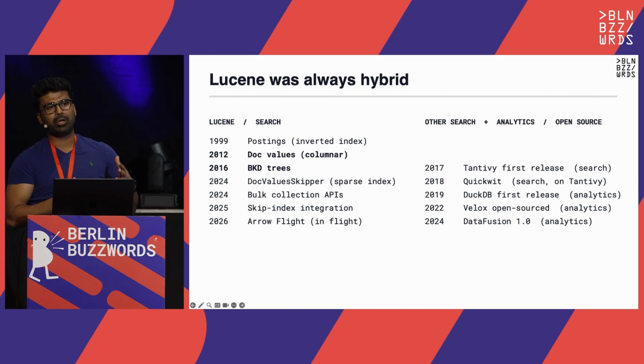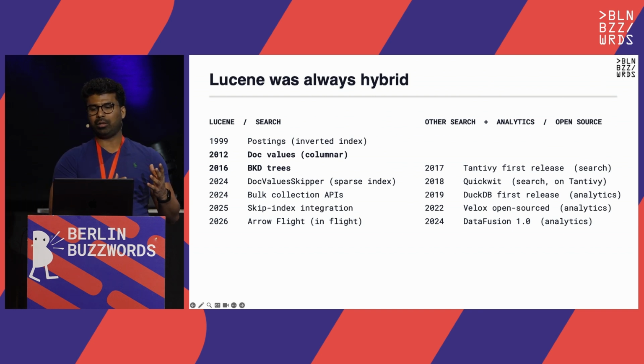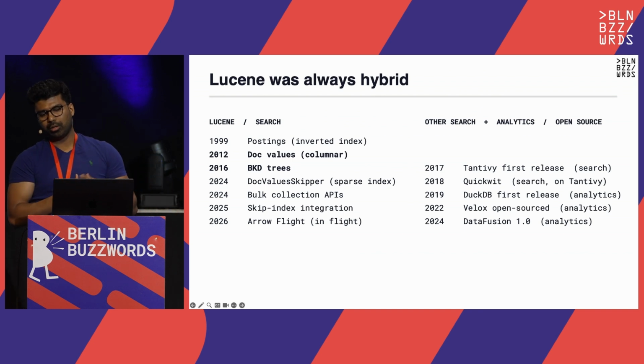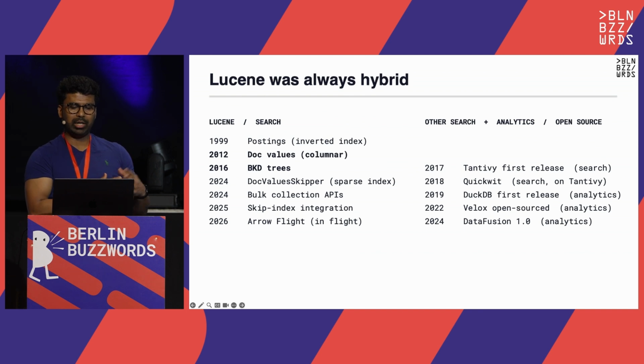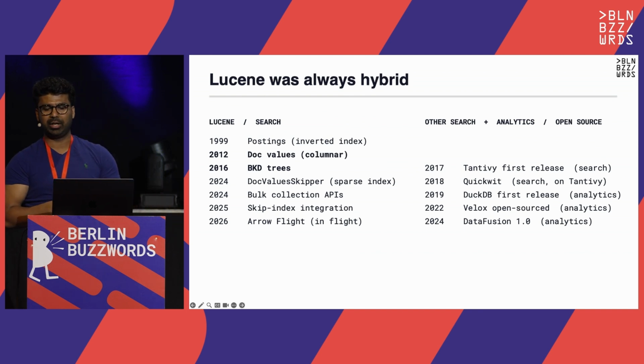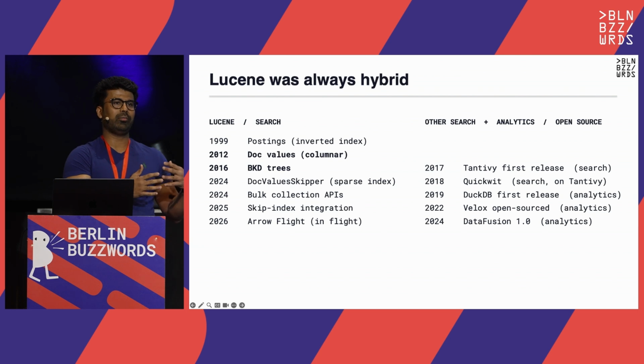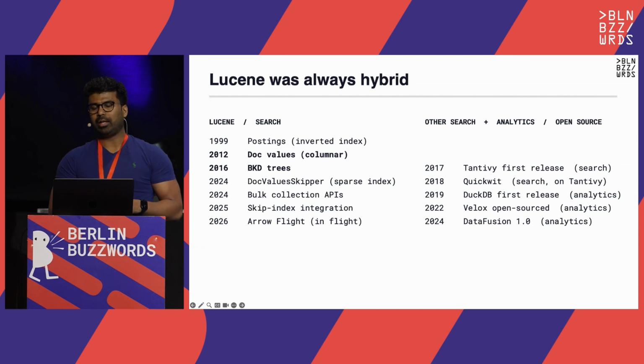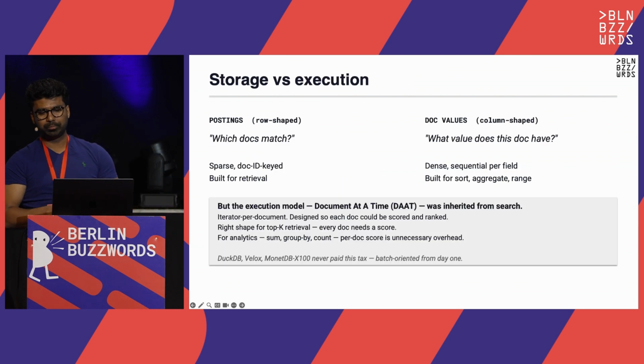While Lucene had columnar storage before most of these analytics engines even existed, in the last 18 months we have introduced support for sparse indices, bulk collection APIs, skip index integration, and Arrow Flight. The balance between the row and the columnar storage is moving, and that's what this talk is about.